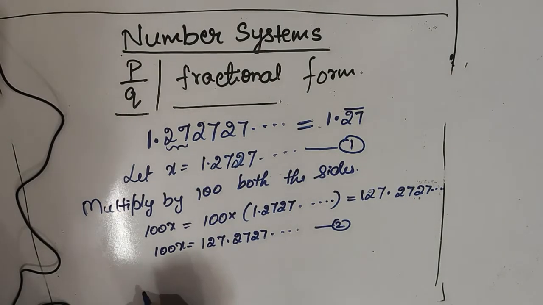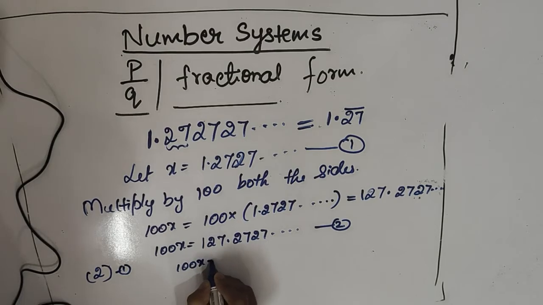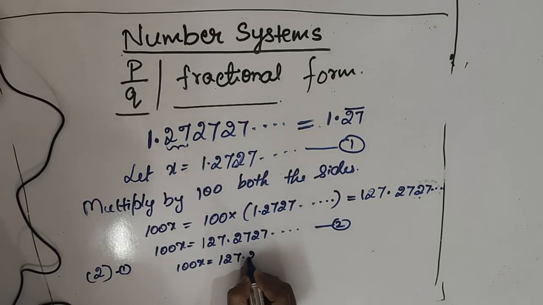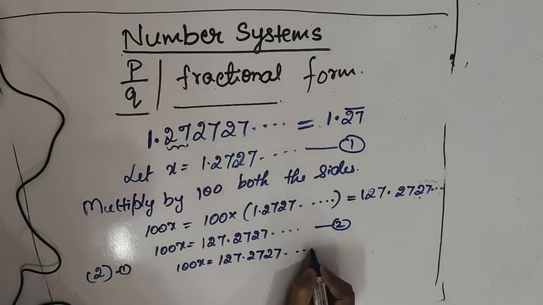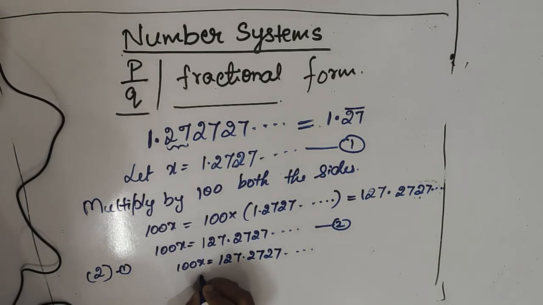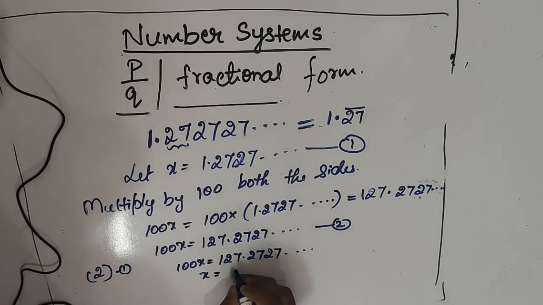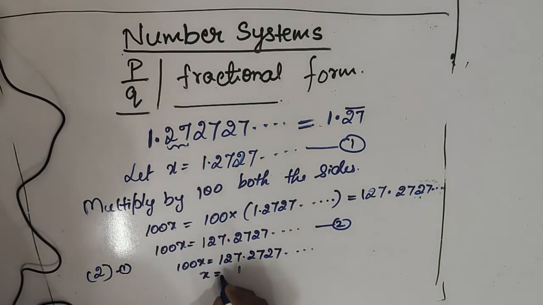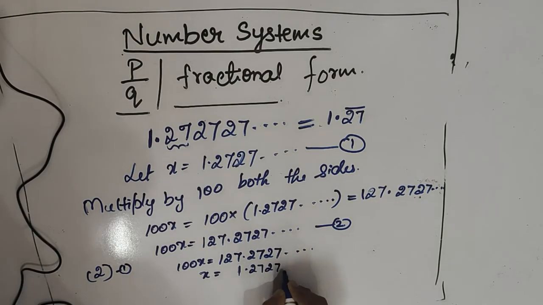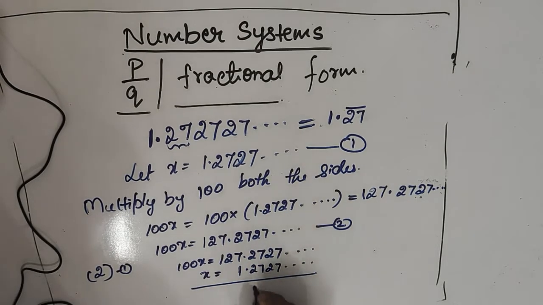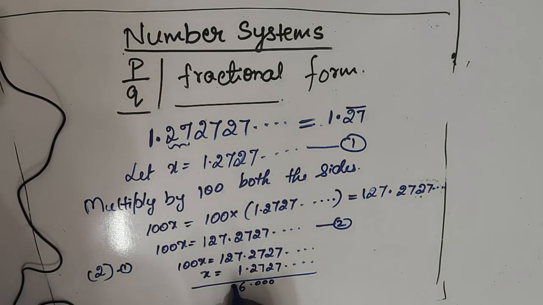Okay. Now equation 2 minus 1: 100x minus x equal to 127.2727 so on minus 1.2727 so on. Remember, this is the unit place. After the decimal, it will always be the same, so after the decimal it will always come 0 only. 7 minus 1 is 6, 2 minus 1 is 1.